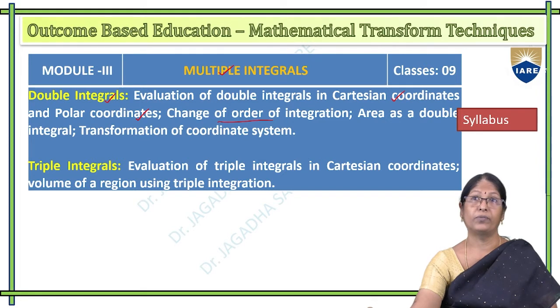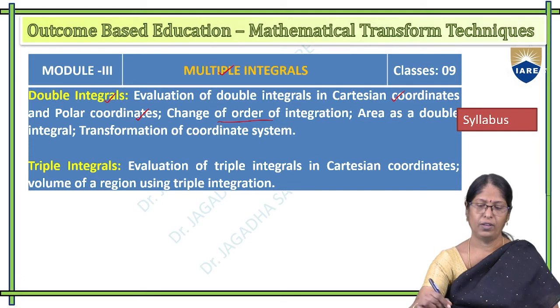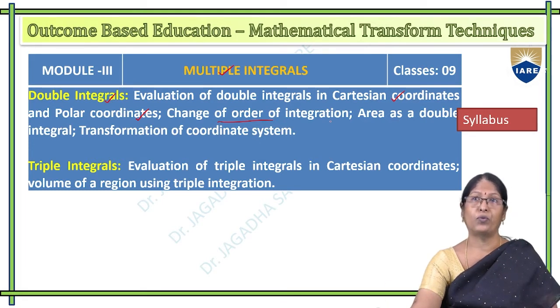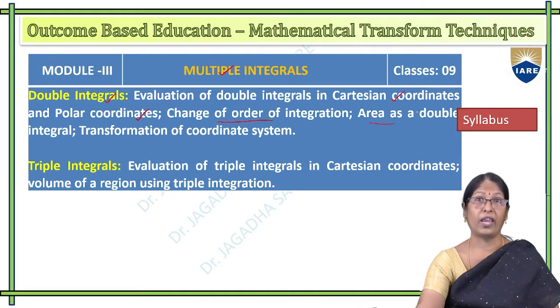Because suppose the functions are very difficult to integrate, the student should have the knowledge of a very easy way to do the integration. So for which the change of order of integration, to evaluate the area.